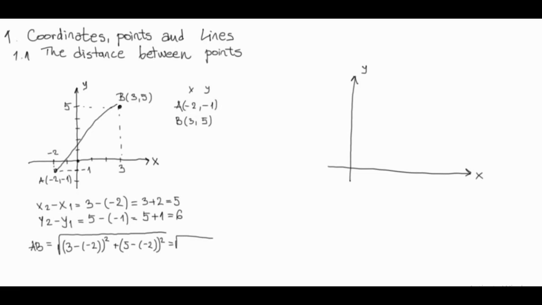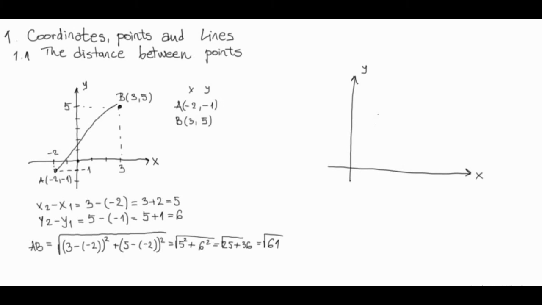That is the square root of 5 squared plus 6 squared, equals square root of 25 plus 36 equals square root of 61.